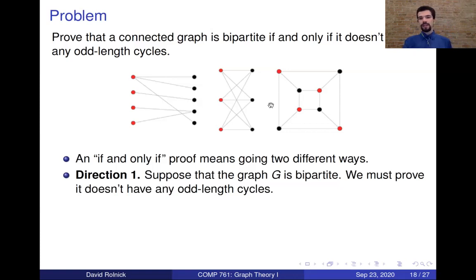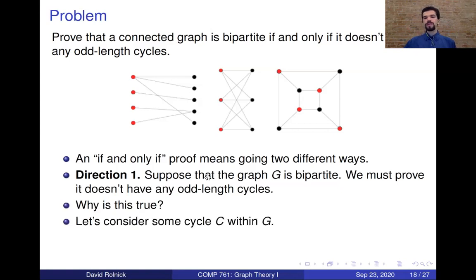Yeah, so this is basically a contradiction proof, though we don't really have to phrase it as a contradiction proof. Let's consider some cycle, and we're going to prove it's not odd length.